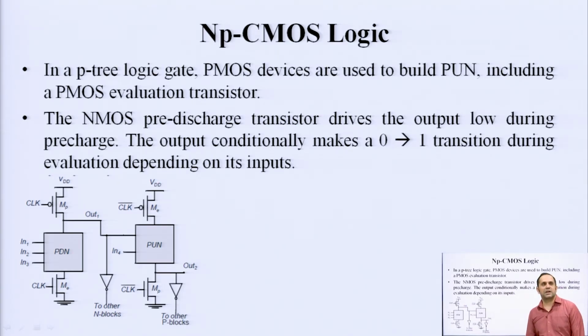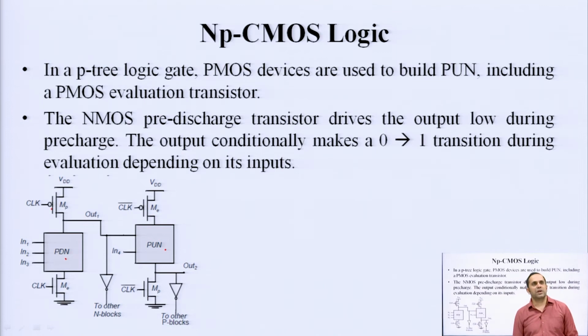This is one of the circuits which you can call a small circuit. So, here you have again this clock here, okay. Then a pull down network, output connected here and pull up network. If you want to connect to some other n type blocks or other p type blocks, you can use an inverter here. Okay. So, that is why in some cases it is also known as NP domino logic as well.